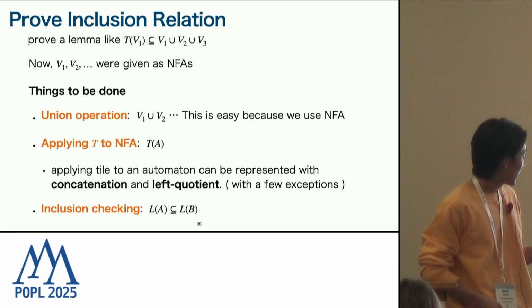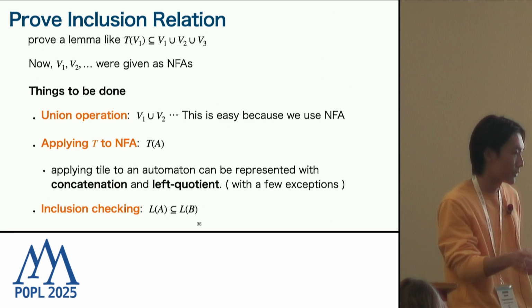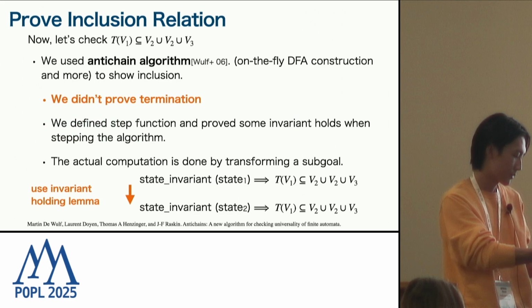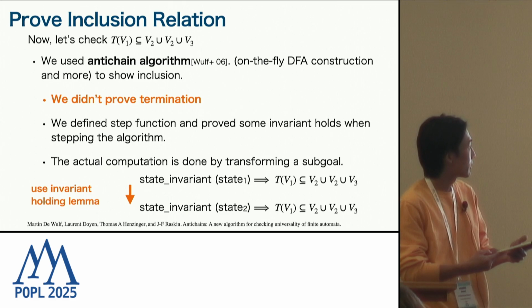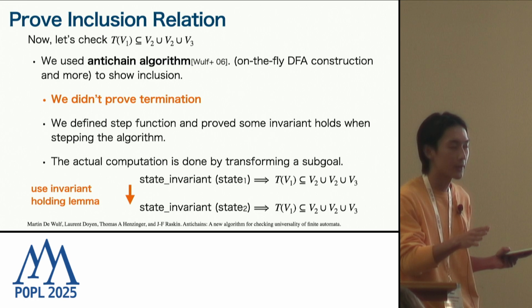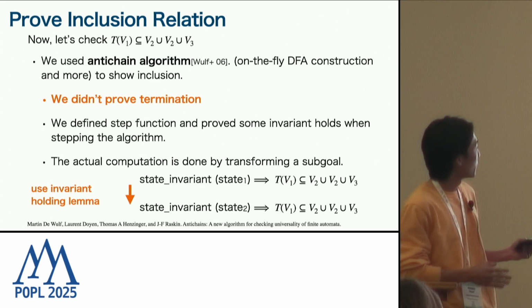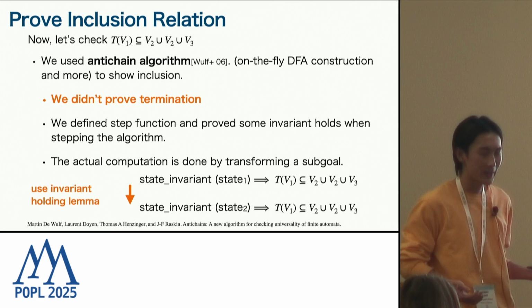The hard part is the procedure of inclusion checking between NFAs. To do this, we used the anti-chain algorithm. This is essentially on-the-fly DFA construction. But we didn't want to prove its termination property, so we didn't.